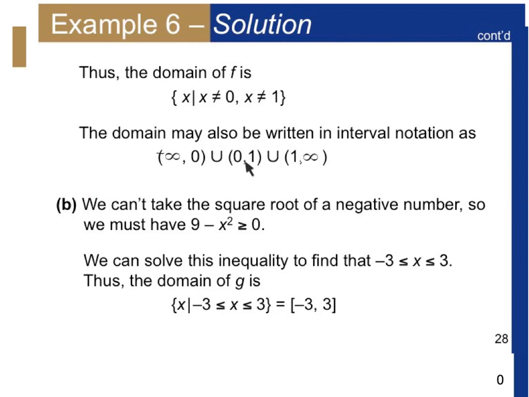Then we start after 0 again, so we have 0 parentheses, and we go to 1 parentheses because we're skipping 1, union, and then we start after 1 again, so we have 1 parentheses going to infinity. So you can see this is where our cuts are, at 0 and at 1. We're not going to include 0, we're not going to include 1. So it's a little bit more complicated to write it with interval notation, but you see we just put the numbers that we're skipping in between, and we don't use brackets.